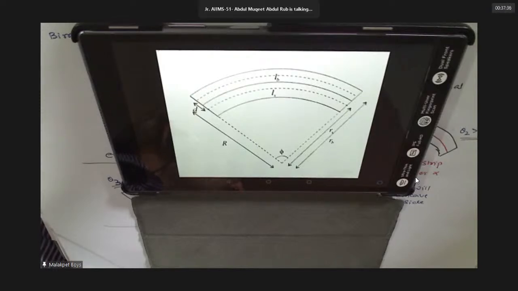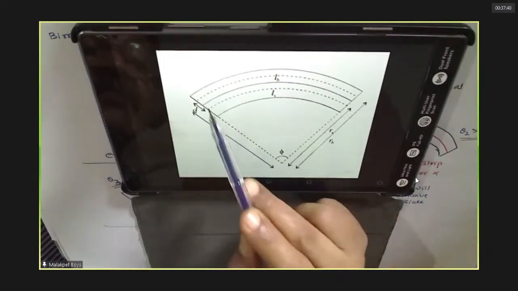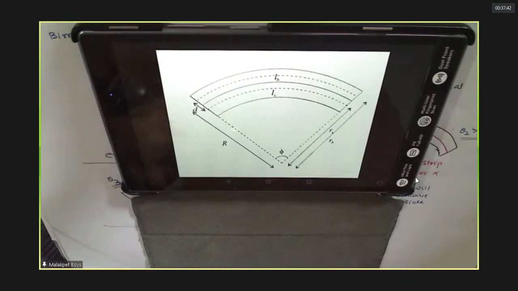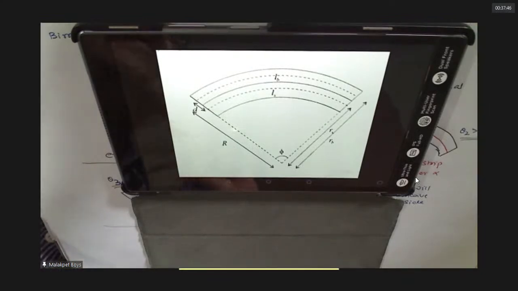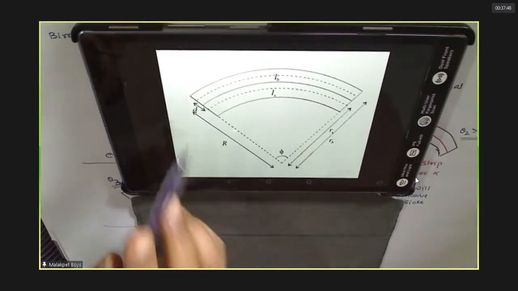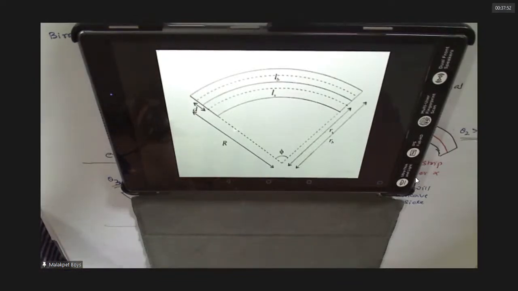Sir, the capital R is? Mean radius from here to this dark one. Mean radius, average radius from here to here. Okay, sir. Got it. Done, sir.